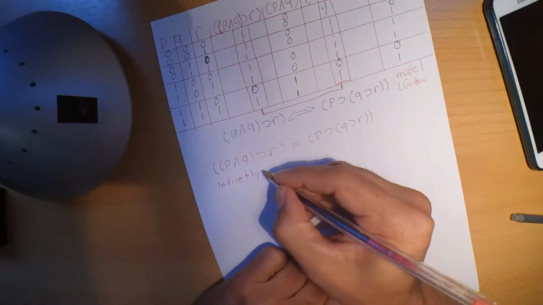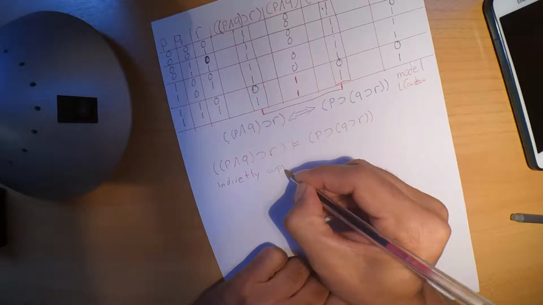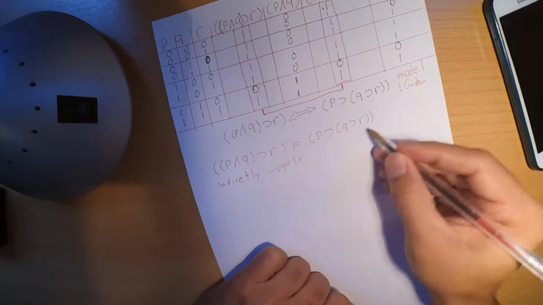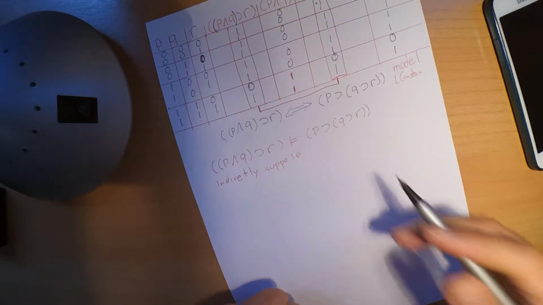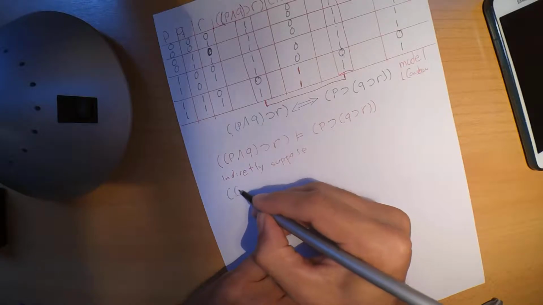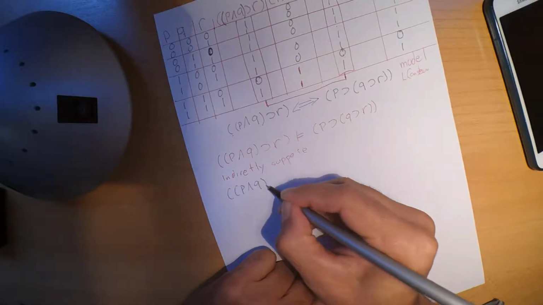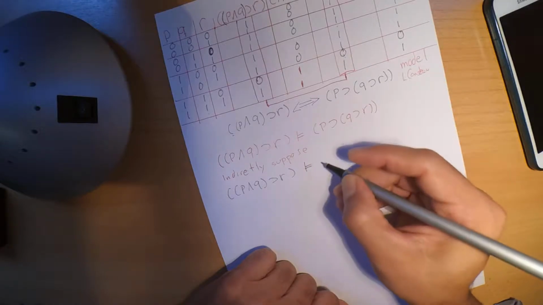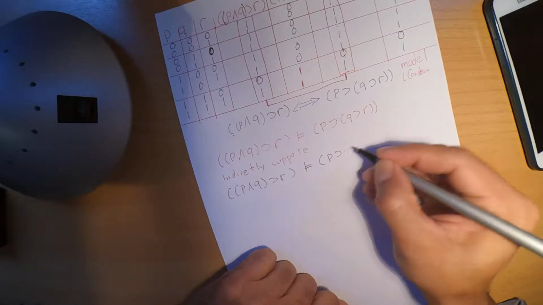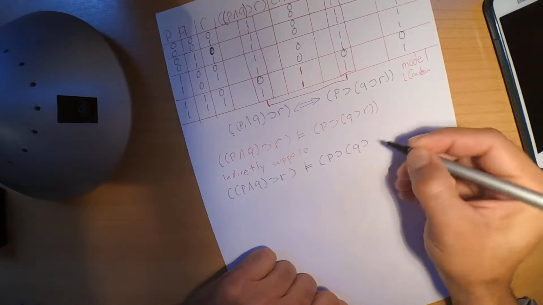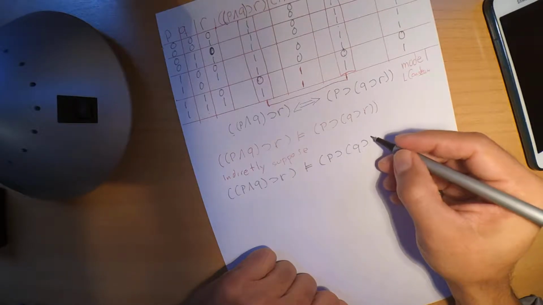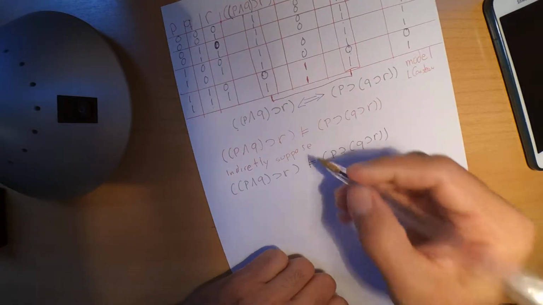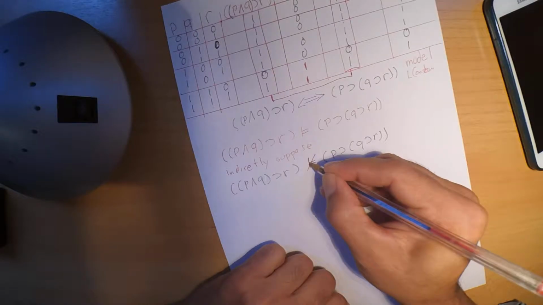So the first step, we indirectly suppose that this, the same way, P conjunction Q implication R, is not the logical consequence. P conjunction Q implies R, this is the same, is not the logical consequence.